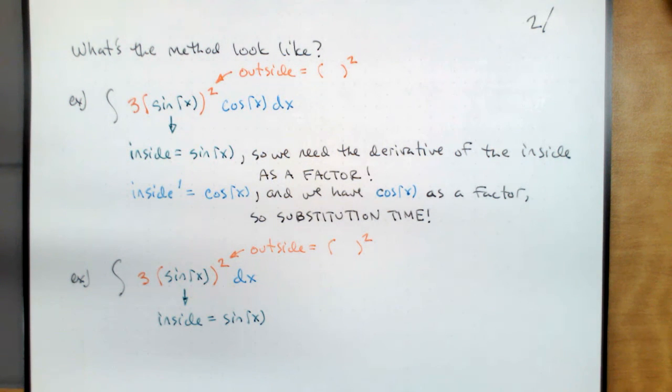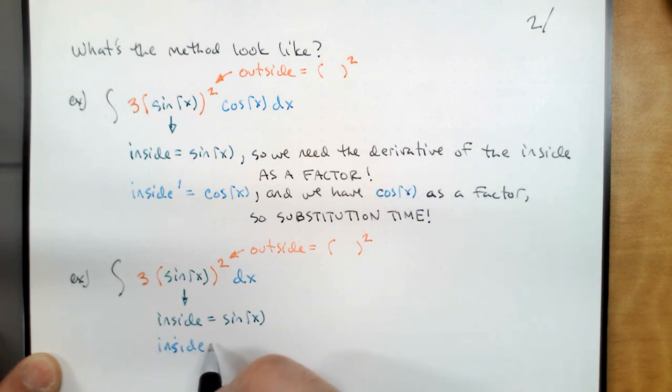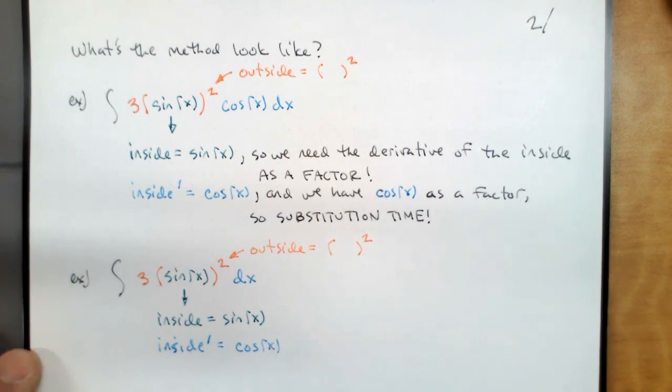But to make this inside happen, I need the derivative of the inside. And so I think of the inside, derivative of the inside. I look back at my original integral and say, there's no factor of cosine. This is not a substitution problem.